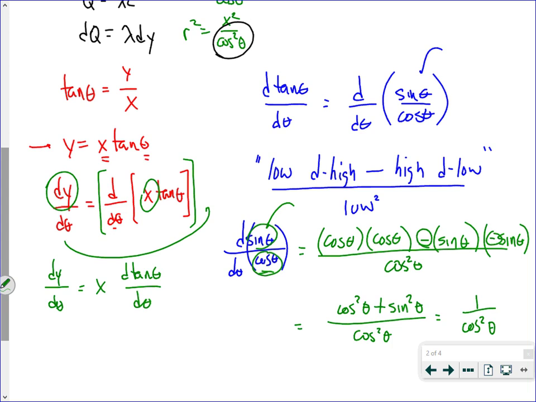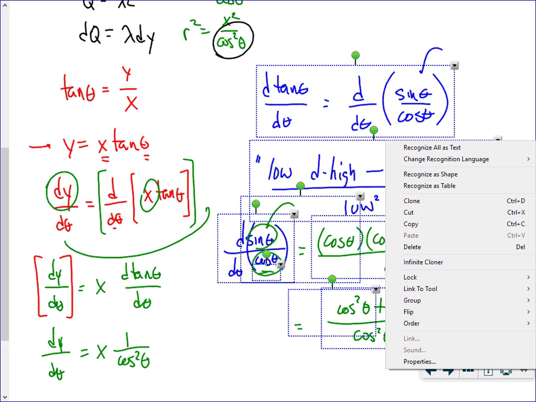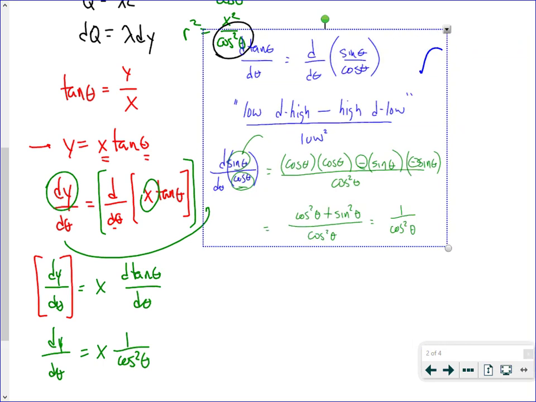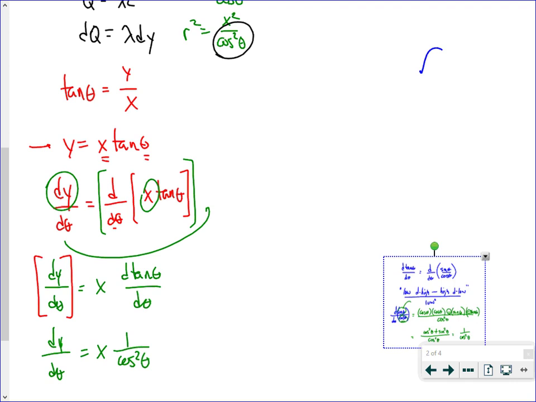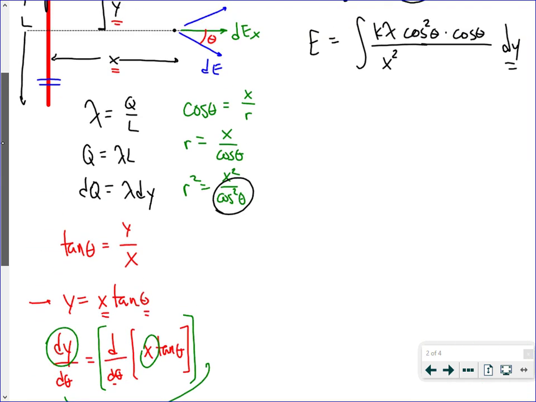So why do we do that? Again, we're trying to find dy d theta. We can say that dy d theta is x times 1 over cosine squared theta. I'll stash all this for a later date. Now we have to start putting parts together.